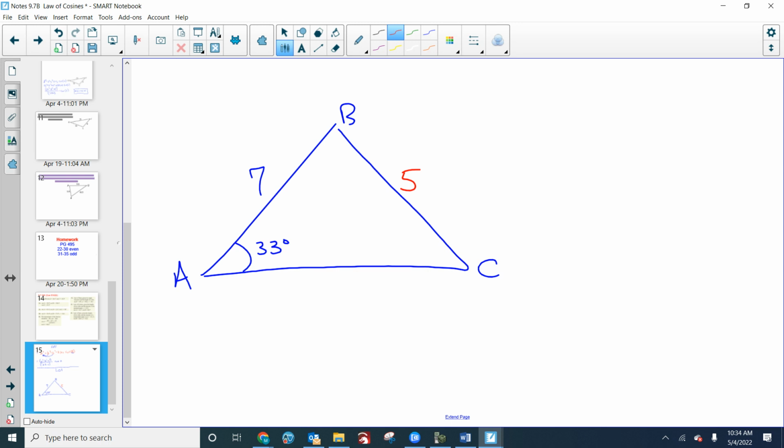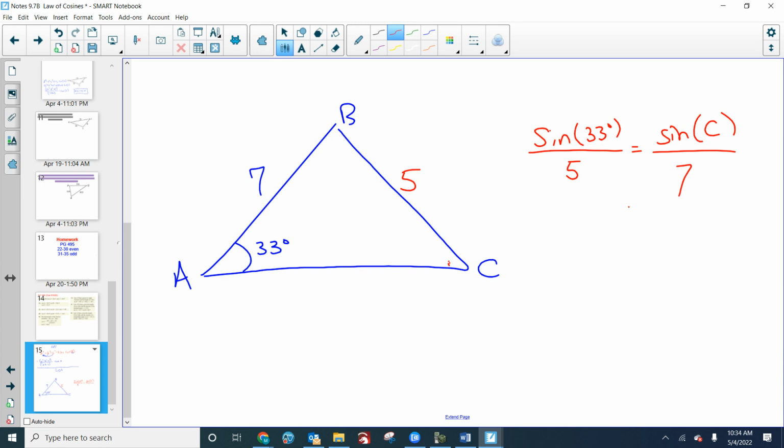Law of sines. So sine of 33 over equals sine of... maybe you can't solve that, right? You have to find C first.